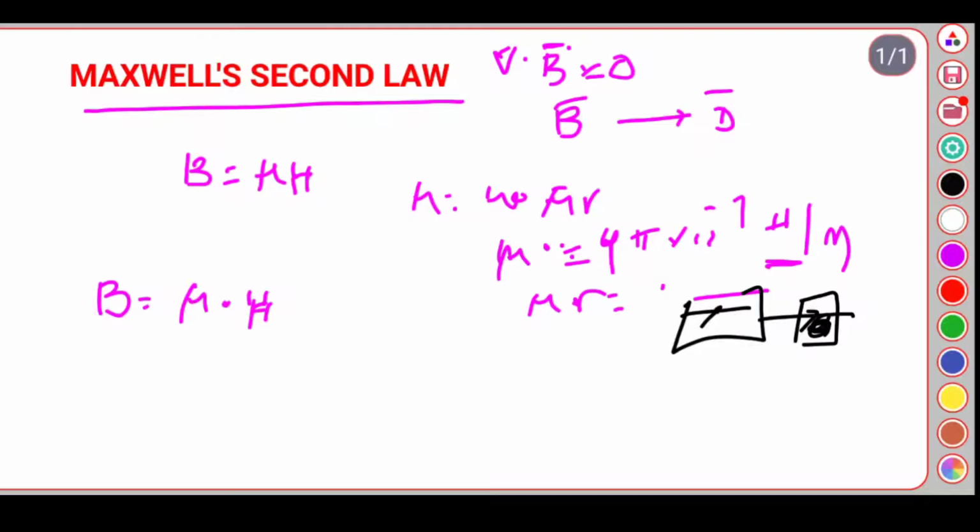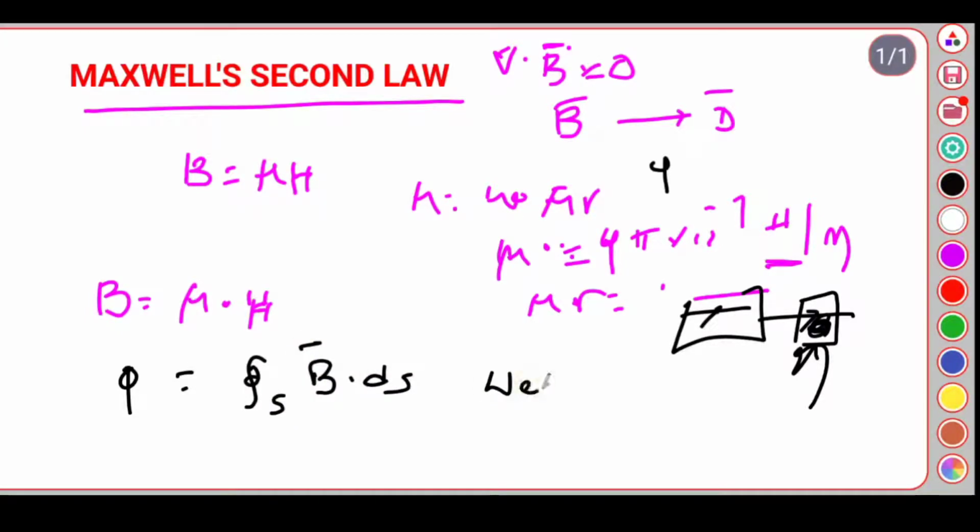if the flux passes through some area but not exactly at right angle to the plane consisting of this area, but making some angle with the plane, then the magnetic flux phi crossing the area is given by phi equal to surface integral B dot ds Webers.